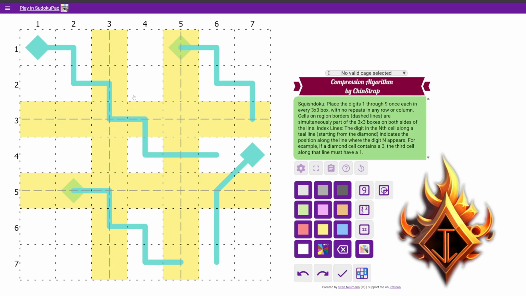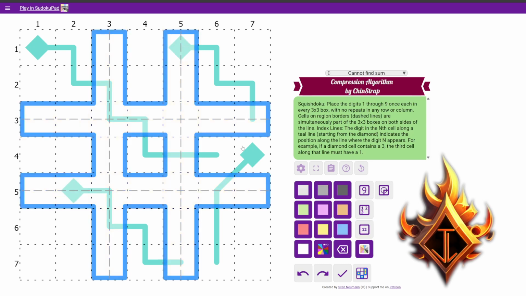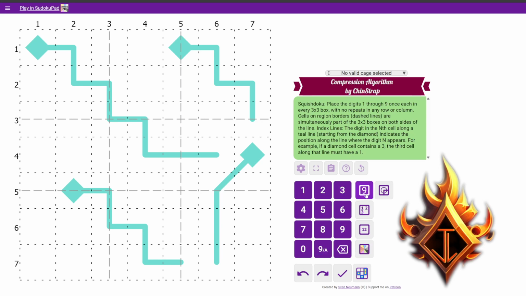I don't know. Anywho, let's try it out. Without the colors. Yeah. Alright. 1 through 9 once each in every 3x3 box. Yep.